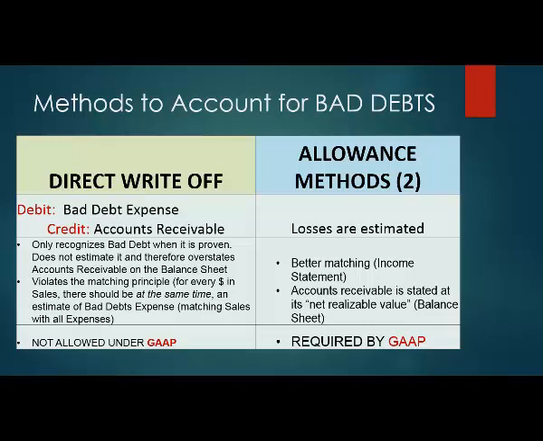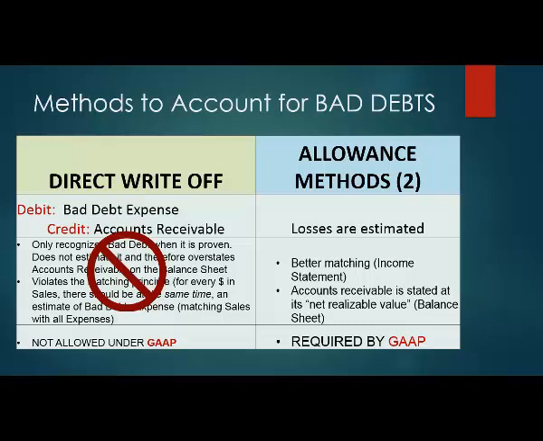The only method allowed is the allowance method, and under that there are two methods, percent of accounts receivable or percent of sales. The direct write-off method is not allowed under GAAP. Now, if you are a really tiny company, you are allowed to do the direct write-off method. But for major corporations, it is just not allowed.